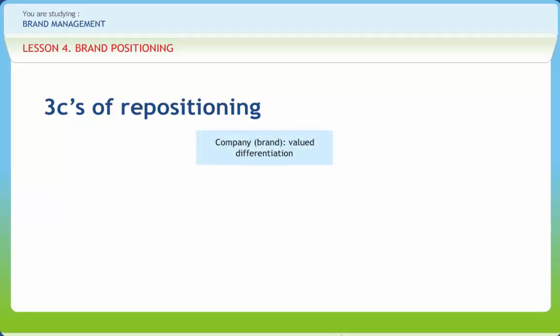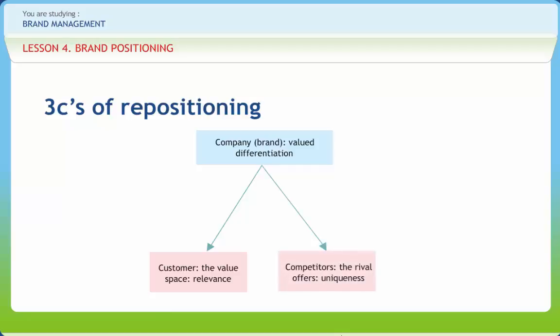Brand represents value that a marketer packs for its target customer. Two dimensions representing relevance, that is customer side, and uniqueness, that is competitor side, enables the marketer to choose a path to create an image for the brand that is both relevant and unique.